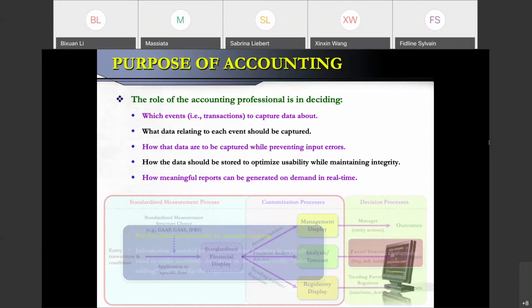And then how meaningful a report can be generated on demand in real time. This is a very new concept, because as all the students in the class, we talk about this, right? The drawback of traditional accounting is that it couldn't provide information in real time; it is periodical. But in the stock market, price changes instantly, right?